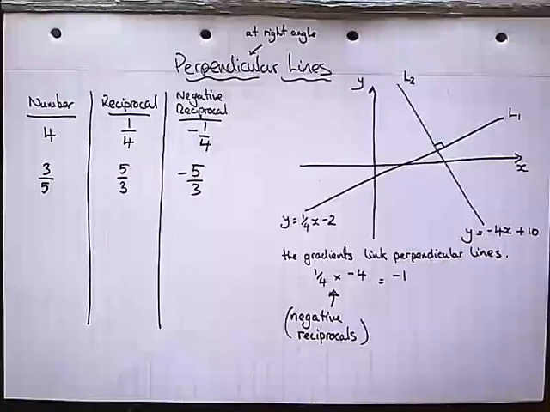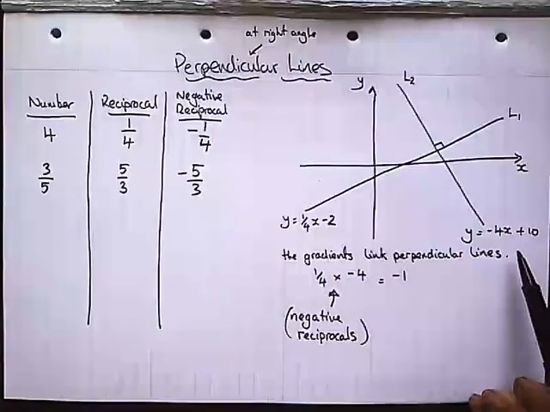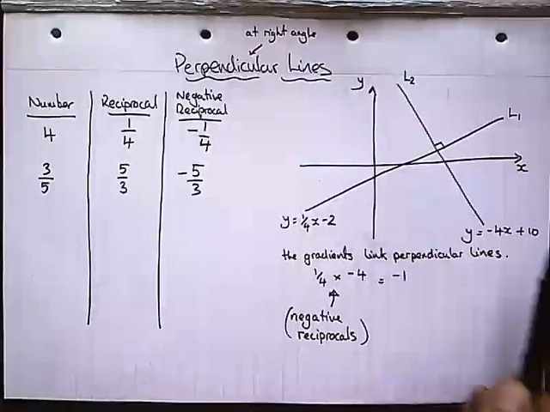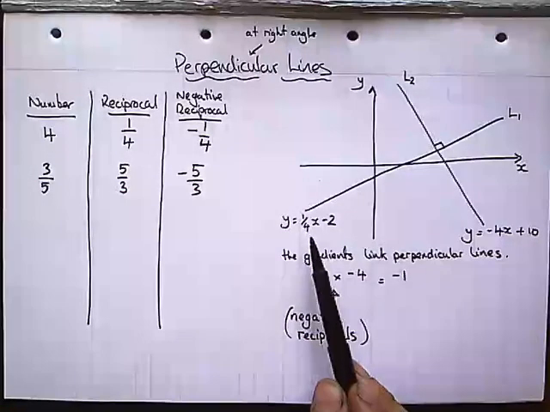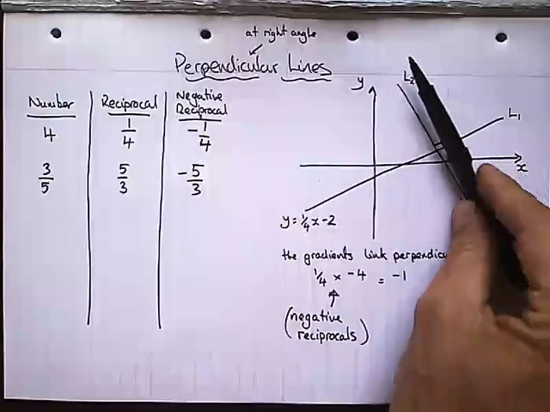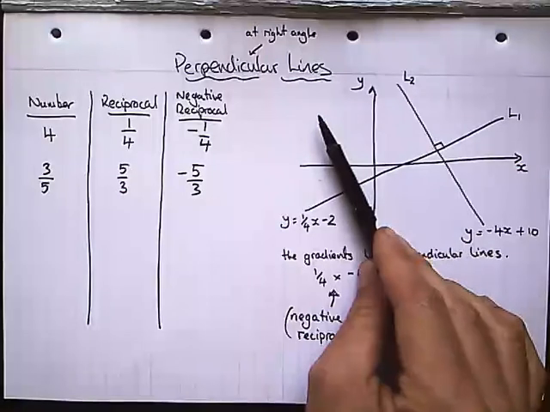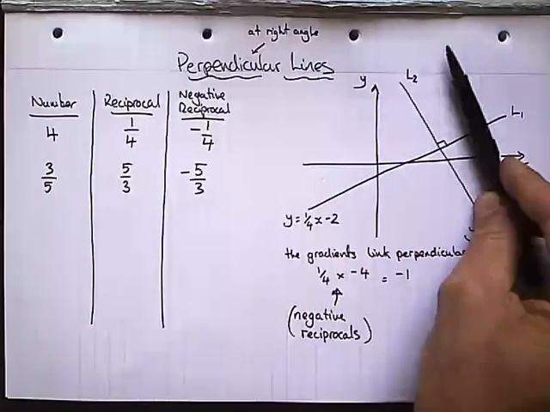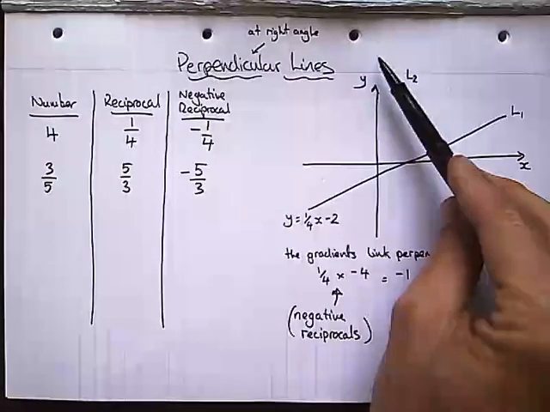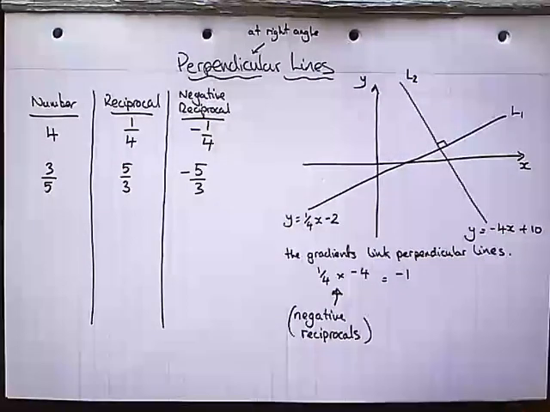So if I got given an equation with a gradient of 3/5, I know the gradient of the line perpendicular to that is -5/3. Remember, this perpendicular line could move anywhere. It could be a right angle anywhere along this line. So what actually makes this line important is also the y-intercept, the point at which it crosses the y-axis. But we'll get to that in a minute.